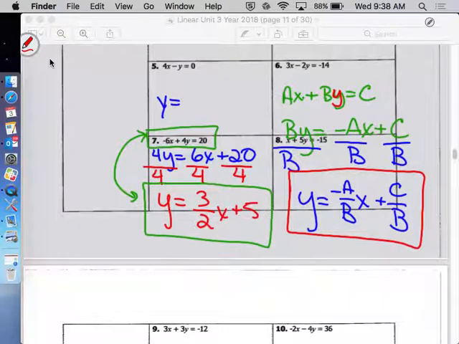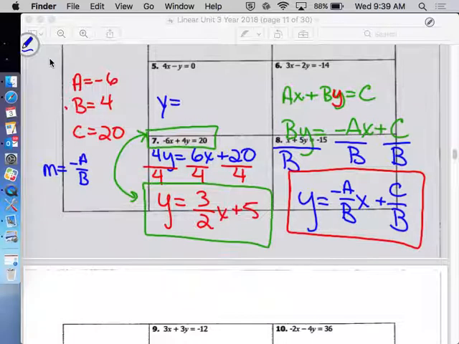So looking at a problem like number 7, A would be negative 6, B would be positive 4, and C would be 20. A, B, and C would have the values that I've listed on the board here. If I were to try to match this up, the slope is represented as negative A over B, and it's negative because my very first step was to subtract the ax from both sides, forcing this to become negative.